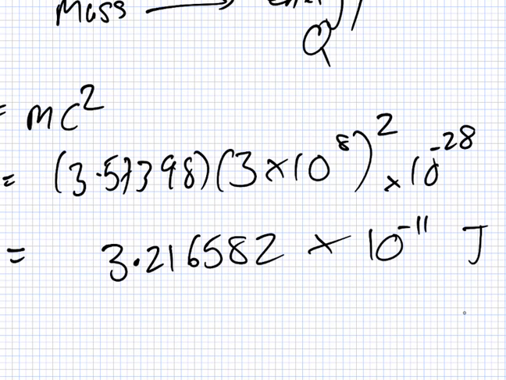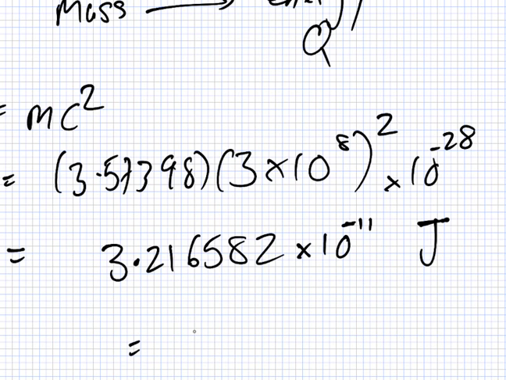Although they don't say it, I'll just convert into... No, I won't bother converting it into nano because it'd still be quite small in nano. 10 to the minus 11 joules. That's the answer there.